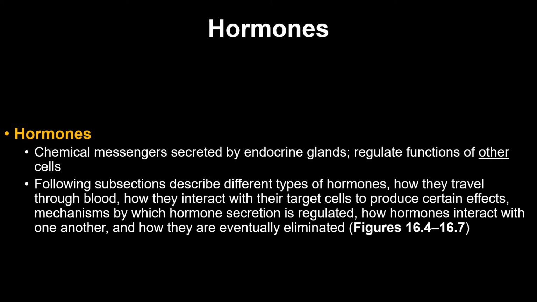Before we discuss all of the individual hormones, let's look at their general properties and several different types of hormones, how they travel through the blood, how they interact with their target cells, and how they work to produce certain effects. Let's also explore the mechanisms of hormone secretion and how it's regulated, and then how hormones may interact with one another and how they're eventually eliminated.